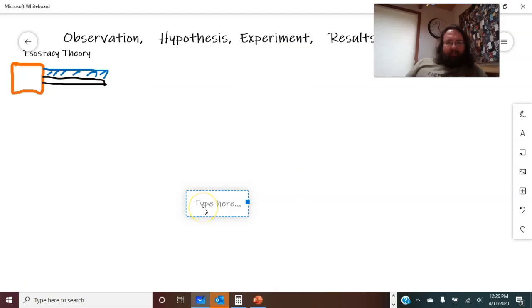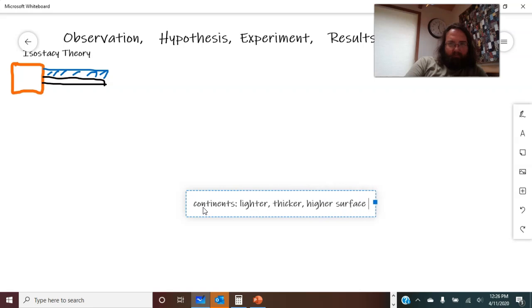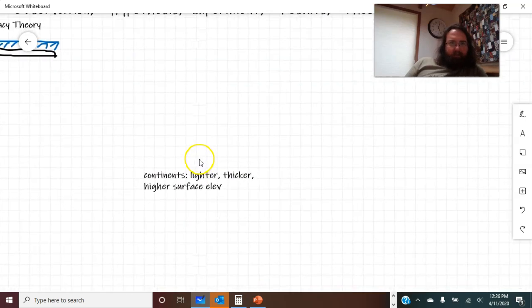And so from the principle of isostasy, we get the concept that continents are lighter, thicker, and therefore have higher surface elevation.